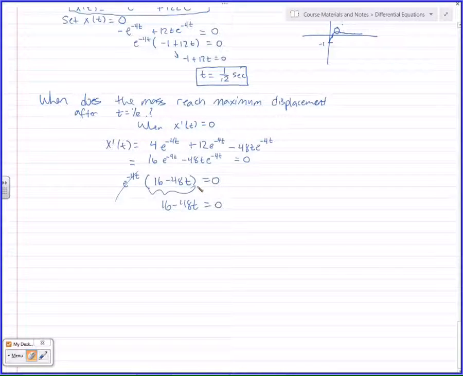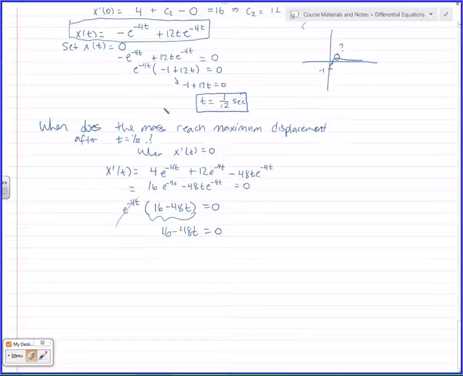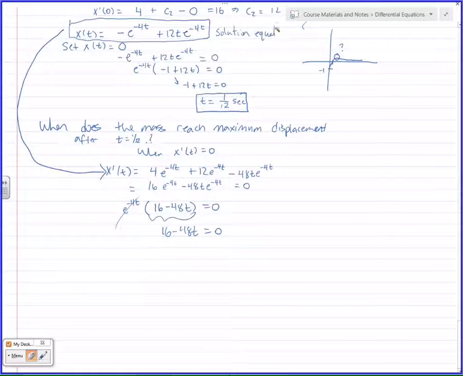You have a question, Dylan? On the x prime of t, I'm taking the derivative of the solution we came up with, right? That's the solution equation.